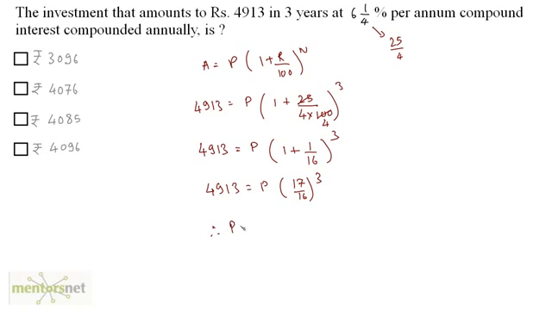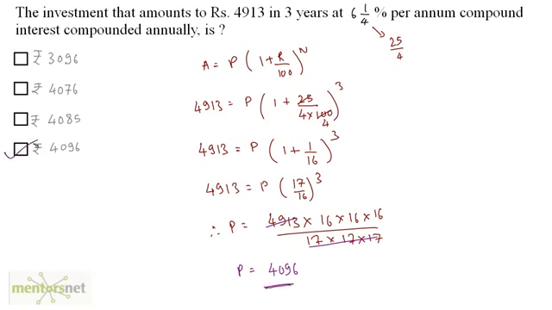So therefore P is equal to 4,913 times 16 times 16 times 16 divided by 17 times 17 times 17. Now 17 cube is 4,913, so this gets cancelled out. So P is equal to 16 cube, and that's 4096. So option D is the correct answer.